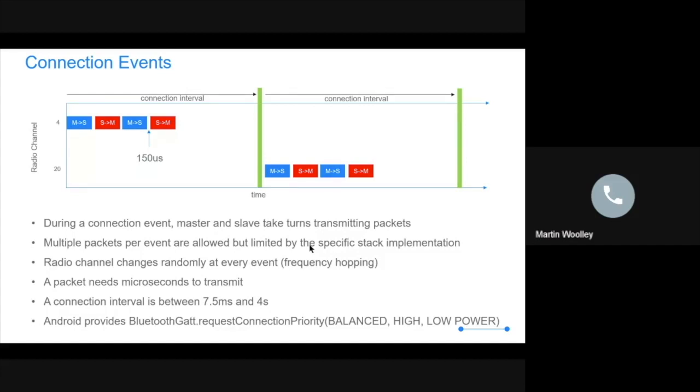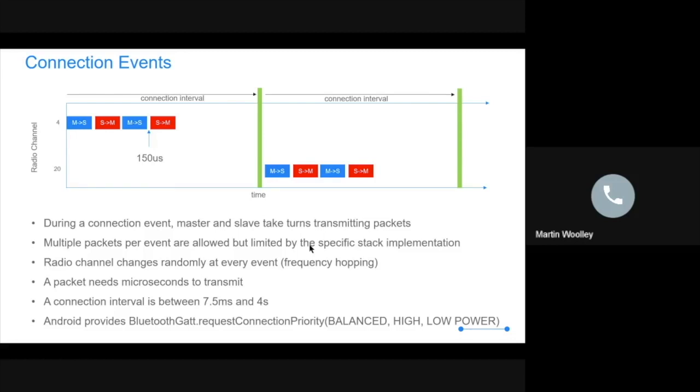You have one radio. The radio can do one thing at a time. It can transmit, or it can receive, or it can be idle. And only one application can be using it at any specific point in time. So there's a need to do some time sharing here so that multiple connections can be serviced at the same time. And some radios, by the way, physical radios in the hardware, support multiple protocol stacks.